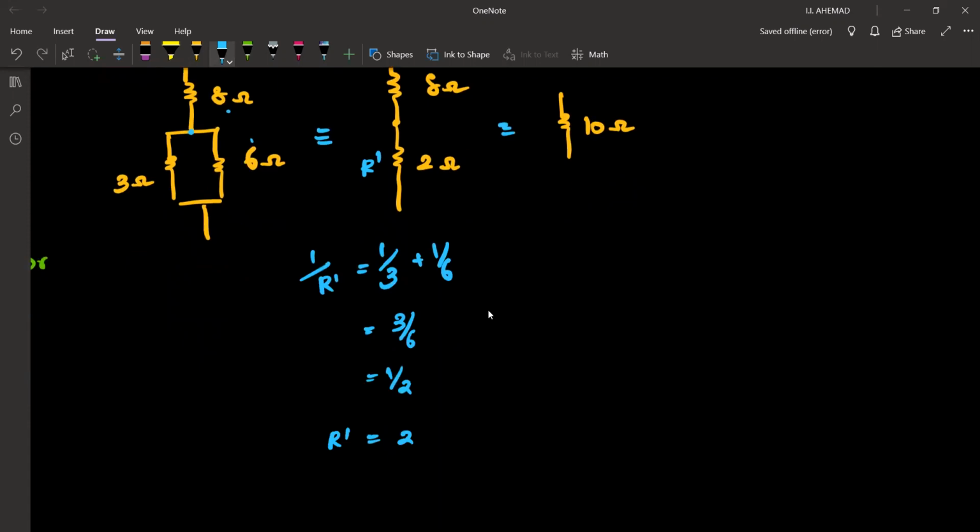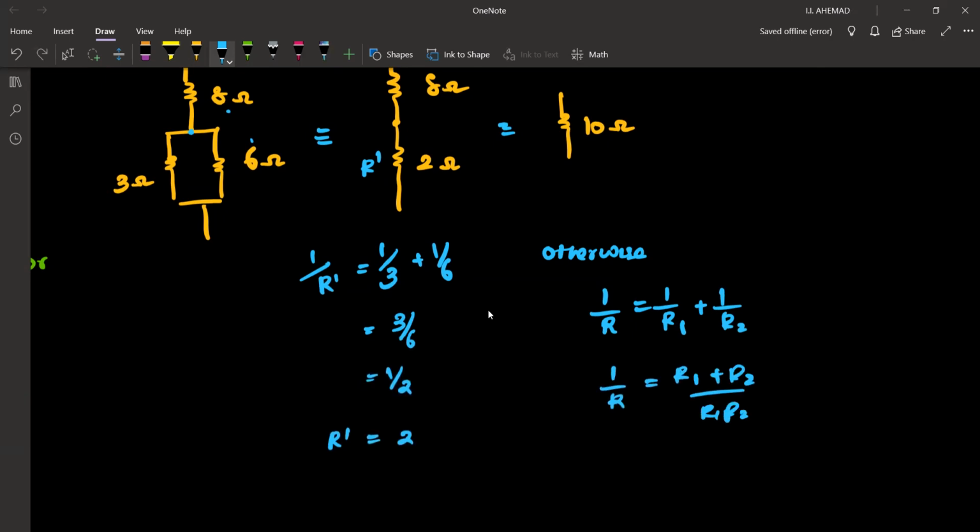Otherwise, you can straight away do it this way. 1 over R is equal to 1 over R1 plus 1 over R2. So 1 over R is equal to R1 plus R2 over R1 R2. So R is equal to R1 R2 over R1 plus R2.